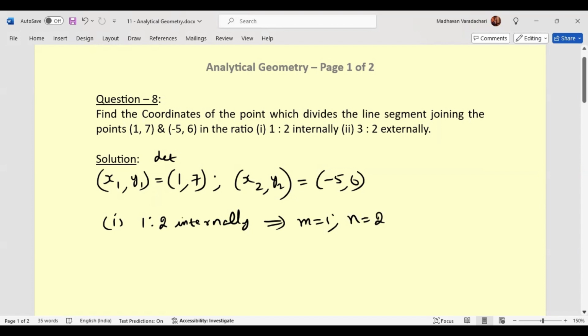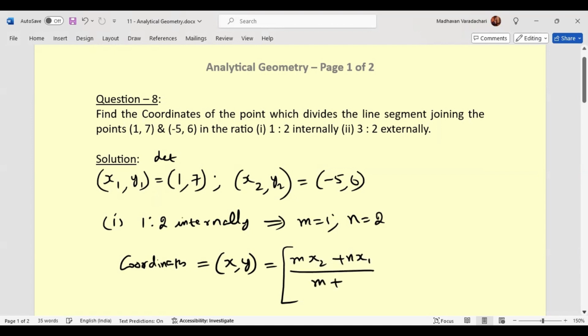So the coordinates we are supposed to find are x, y, and that will be (m x2 plus n x1) divided by (m plus n) and (m y2 plus n y1) divided by (m plus n).